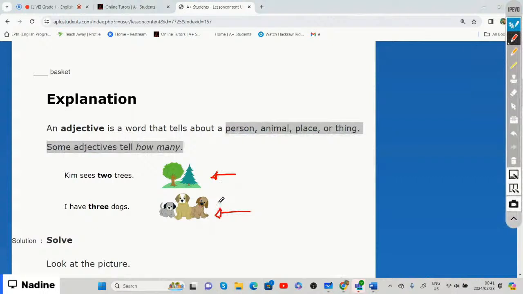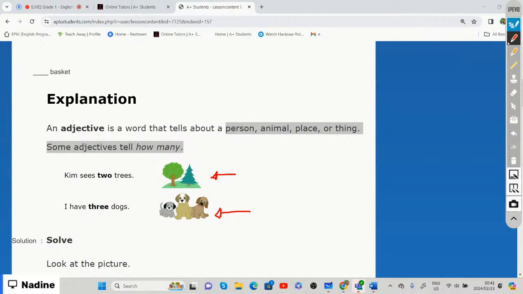So how many trees are there and how many puppies are there?